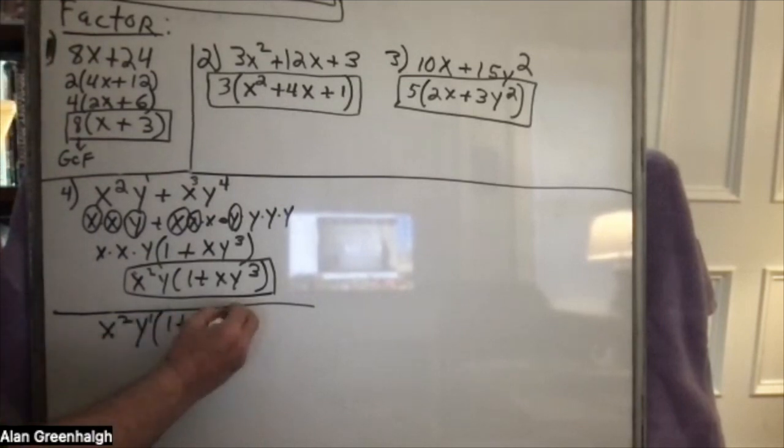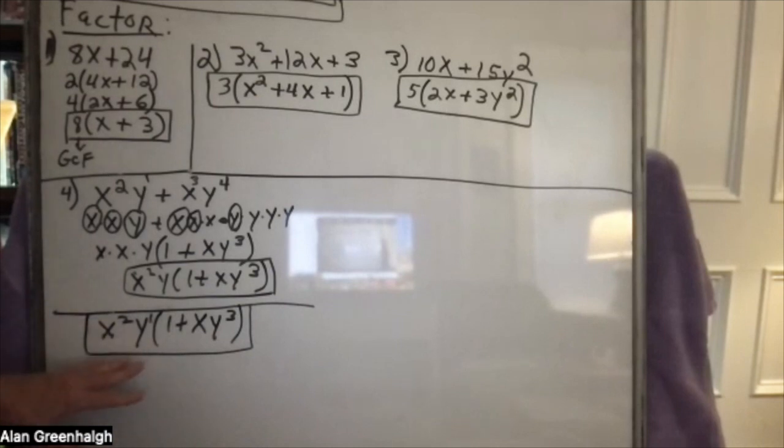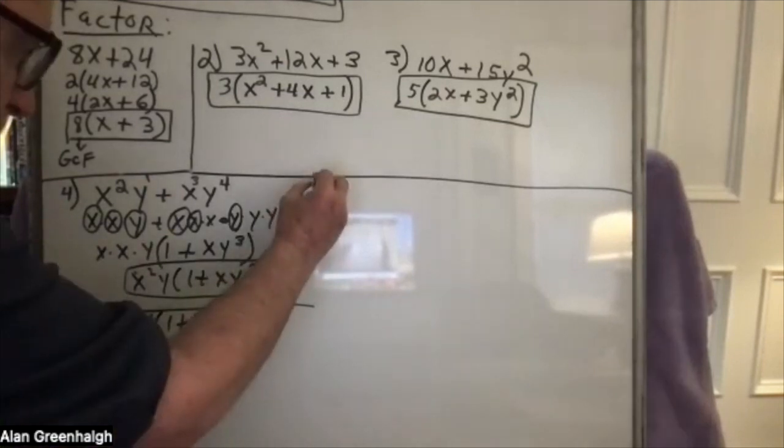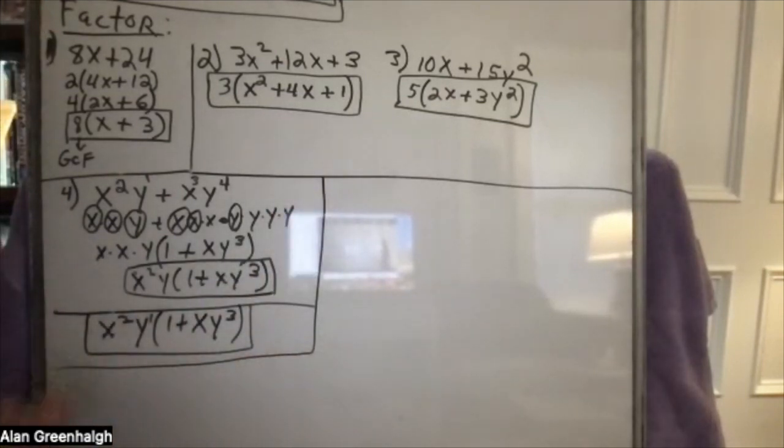And this is the faster way, obviously, of doing the problem, and this is the way you should get used to it, because we're going to be doing very complicated problems in chapter 3 and chapter 4, especially chapter 4. But this is an example of a little more involved kind of problem.